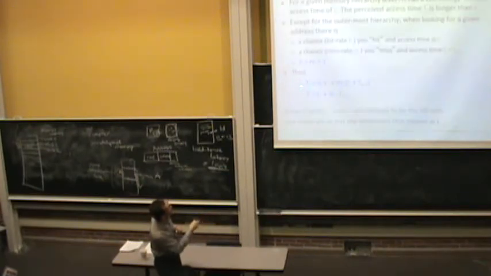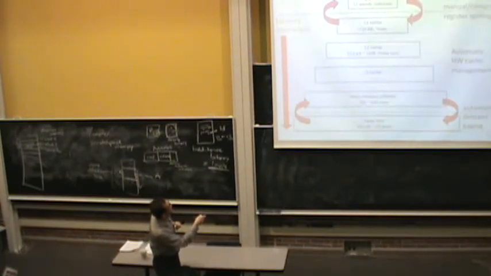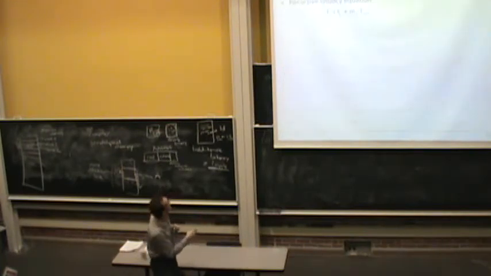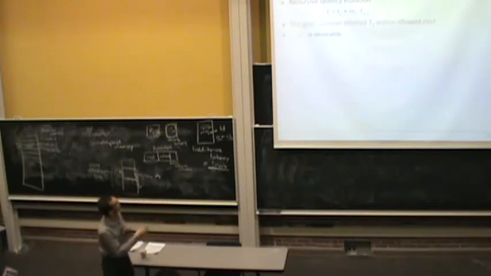And how do you calculate the time to access the remaining hierarchy? Again, that's a recursive equation. That's the hit rate of the second level times the time to access this level, plus miss rate of this level times the time to access the remaining part of the hierarchy. Okay? So you have a recursive latency equation like this.